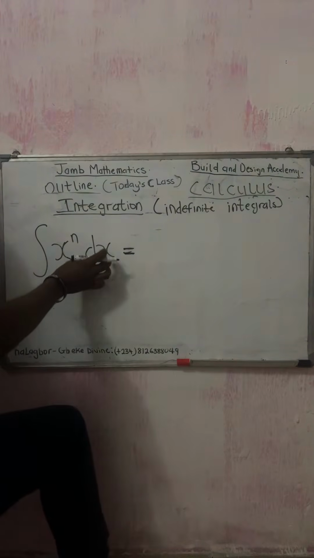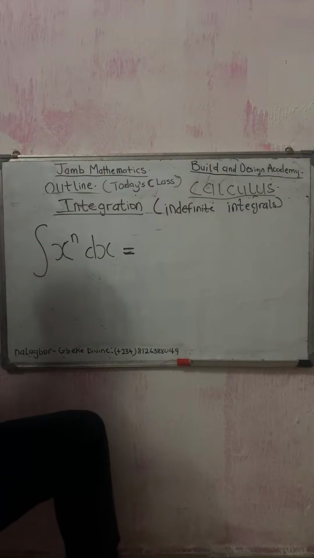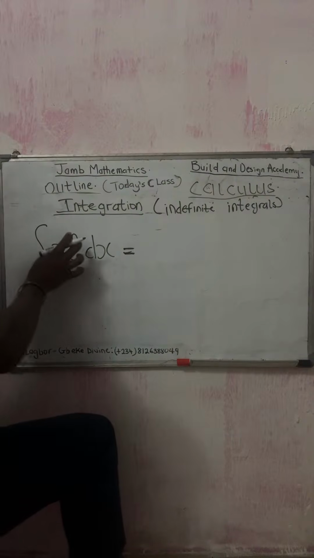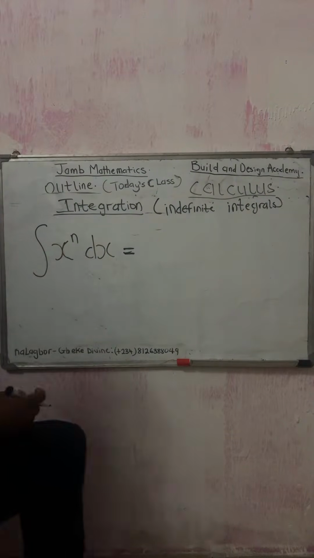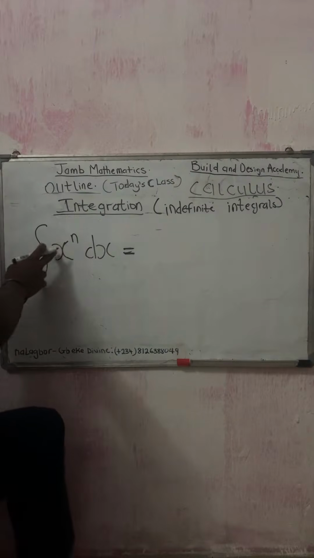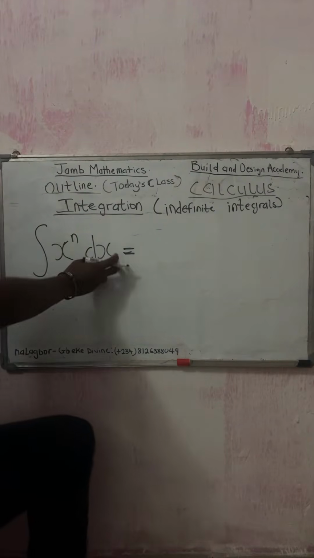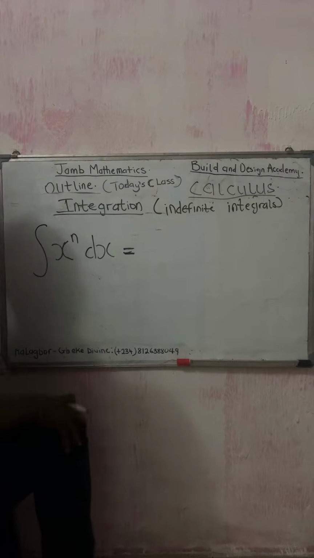This dx simply means we are integrating only the x variables. So everything here should be in terms of x. Any x you see here with any power, we integrate it. So that's why we have this dx.